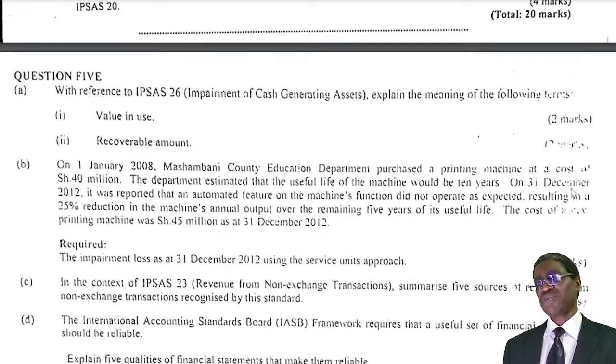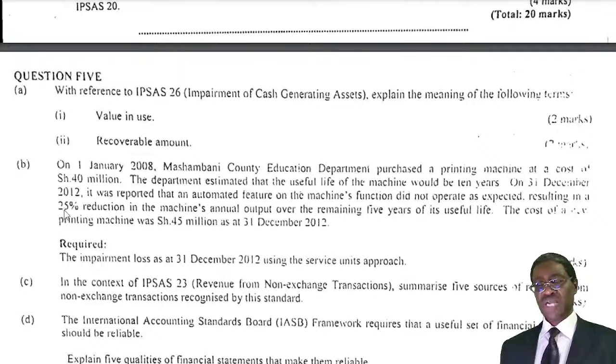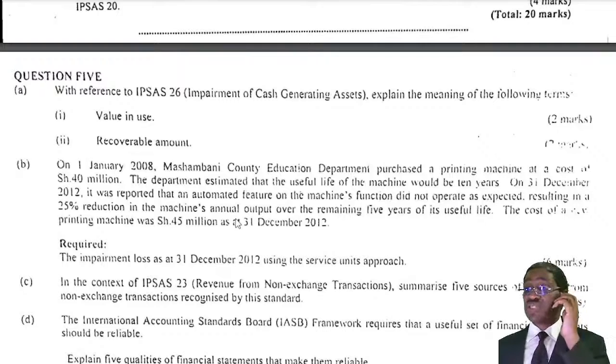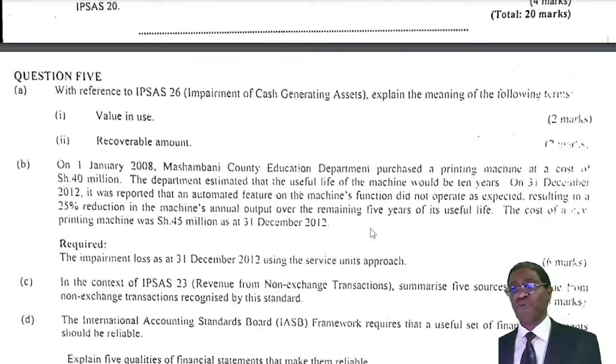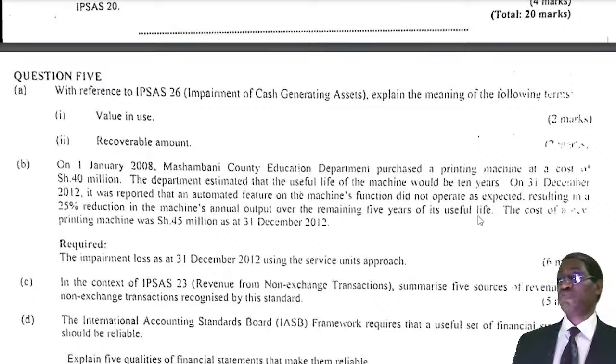On 31st December 2012, it was reported that an automated feature on the machine's function did not operate as expected, resulting in a 25% reduction in the machine's annual output over the remaining 5 years of its useful life.